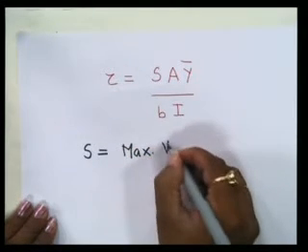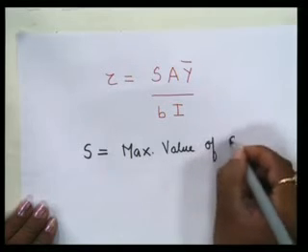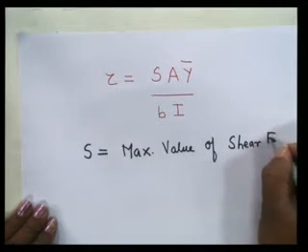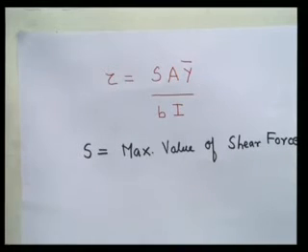value of shear force. Now how do you get the value of shear force? If you recall, whenever we have solved numericals for shear force and bending moment, we have observed that the value of shear force is always maximum at the support.